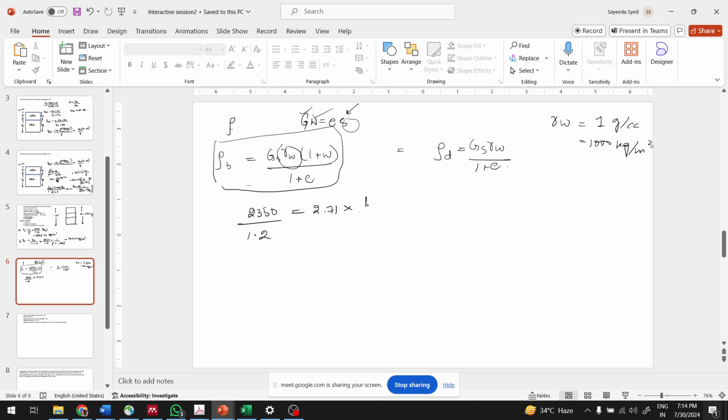So this will be 1000 into (1 plus 0.086) over 1 plus E. So 1 plus E will be equal to 1.503, and our E will be equal to 0.503.